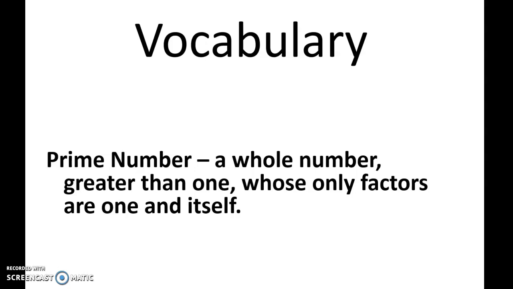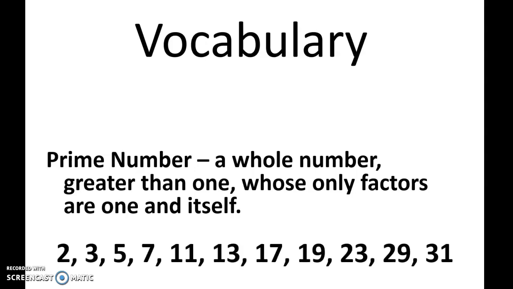Think about the numbers that we circled when we simplified radicals, and write some of those examples down. Did you get some of those? You should have at least gotten 2, 3, 5, and 7. Those are the most common ones. And there are some more examples of prime numbers. Again, prime numbers' only factors are 1 and itself.